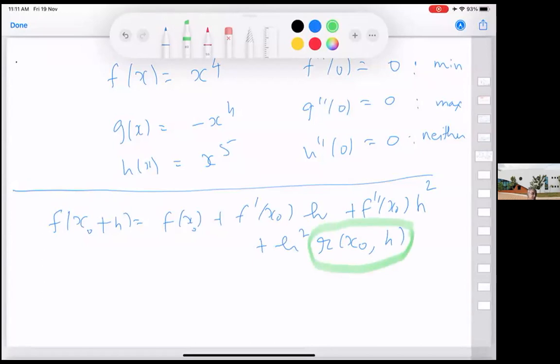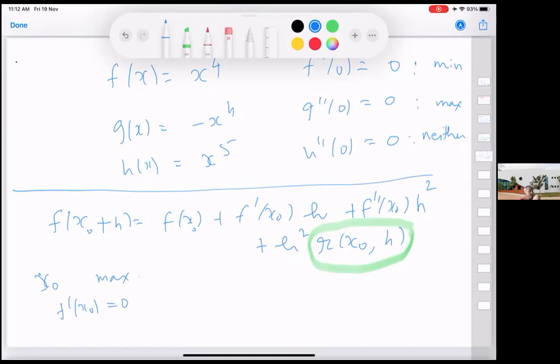So now at x0, f attains a maximum, and we already showed that this says f dash of x0 should be 0, so that is 0.